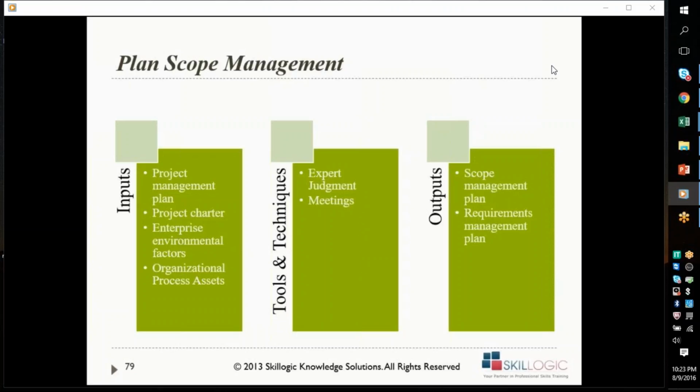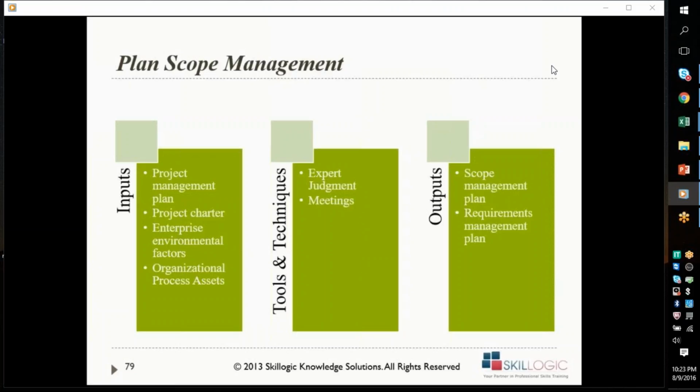The project management plan is a high level plan which contains all the subsidiary management plans. The scope management plan is one of the plans which make up the project management plan. So these become some of the inputs using which I can create the scope management plan.